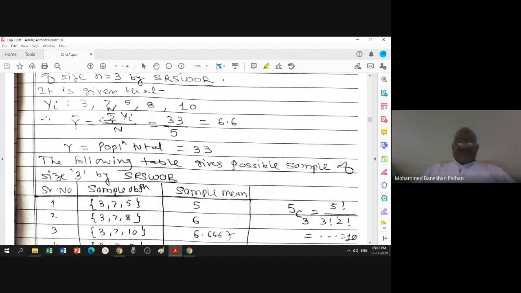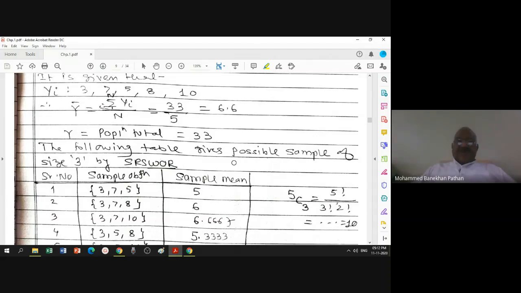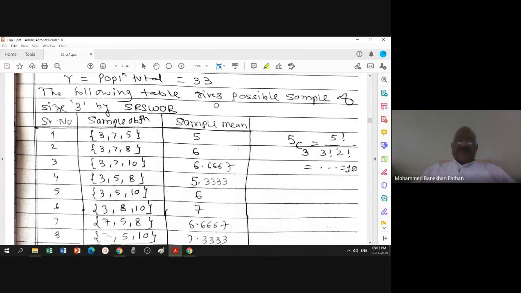Let us see now how the sample mean is an unbiased estimator of the population mean for this example. The following table gives the possible samples of size 3 by SRSWOR.